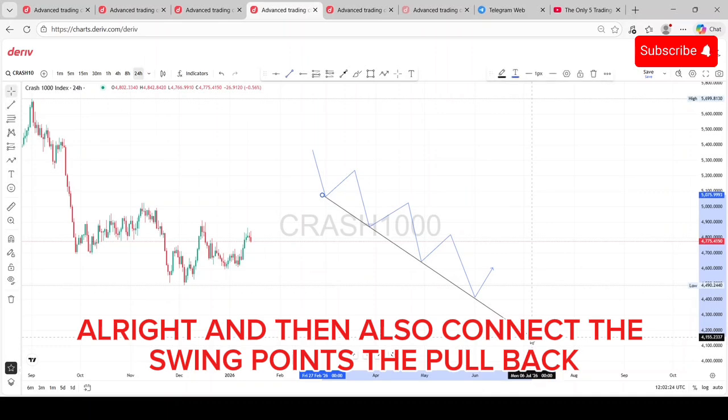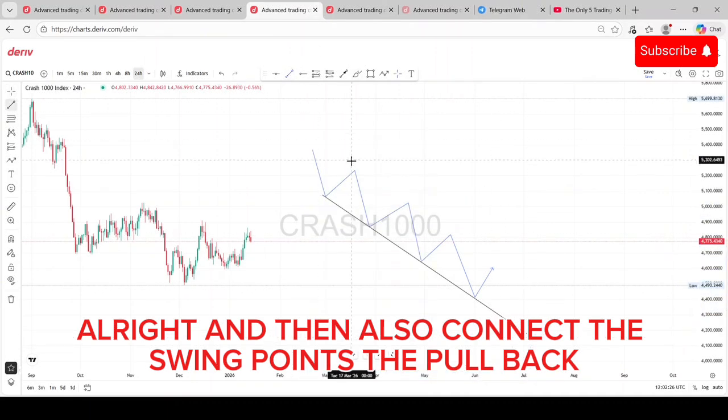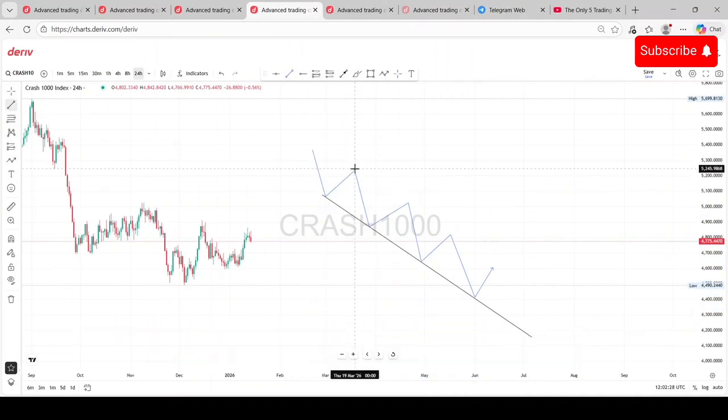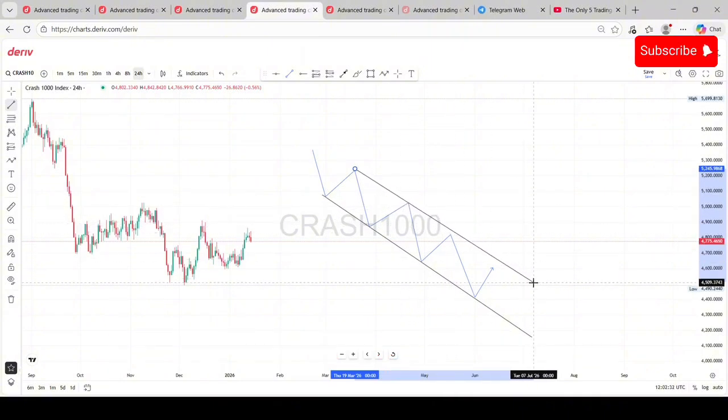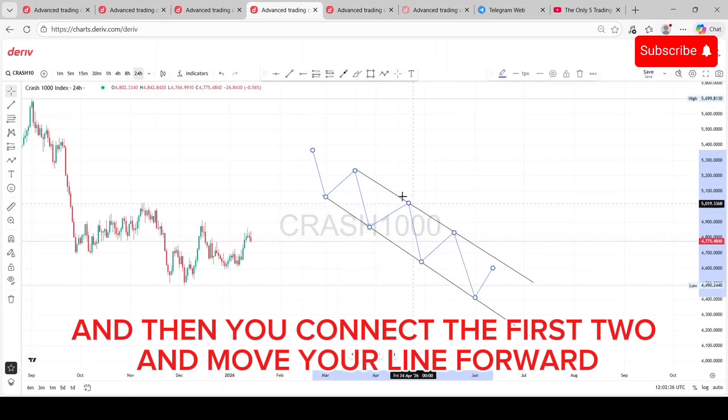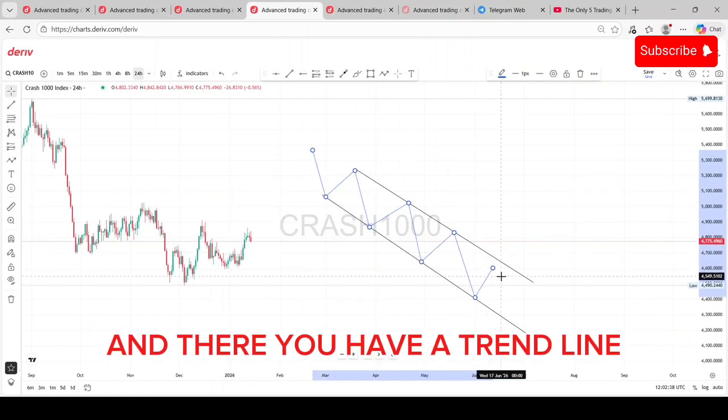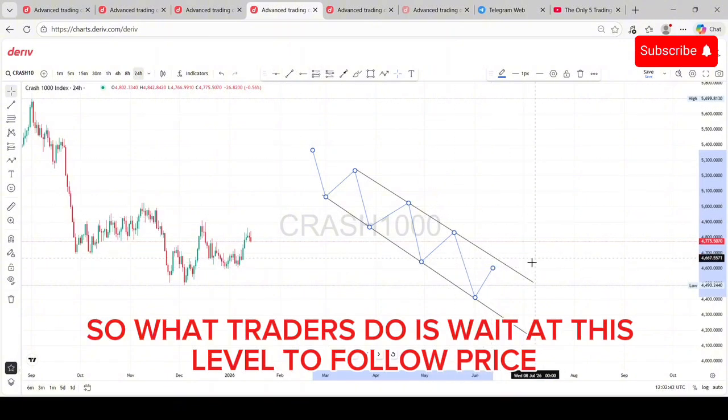All right, and then also connect the swing points, the pullbacks where price managed to create lower highs, and then you connect the first two and move your line forward, and there you have a trend line. So what traders do is wait at this level to follow price down.